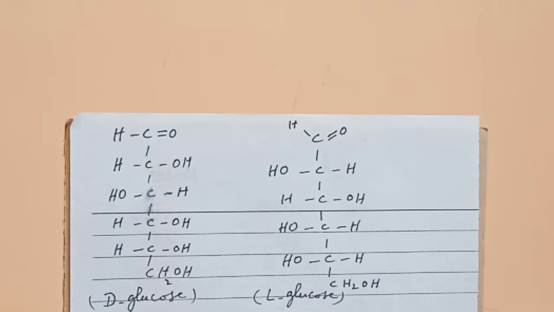They can rotate the plane of polarized light either clockwise or anti-clockwise, so the direction is different, but the degree of optical rotation will be the same, 140 degrees. And the physical and chemical properties of both sugars in enantiomeric forms will be the same, no change.